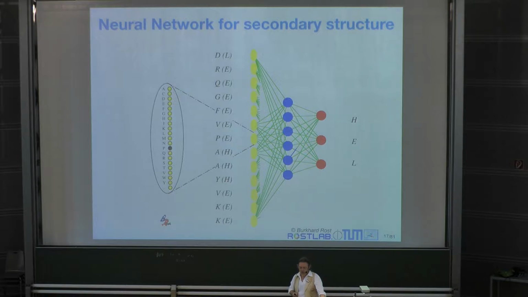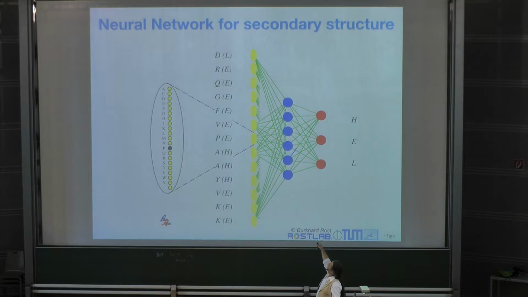I showed you a machine learning device, a neural network. The way it does it, in this particular case, takes 13 consecutive residues. Proline happens to be in the center. Each one of these blobs here is 21 consecutive units. 21, I need 20 for the 20 amino acids, 1 as a spacer, the 21st unit as a spacer, so that the central residue can be at the beginning as the first residue of the protein, and then the 6 before it are spacer units, or at the other end of the protein.